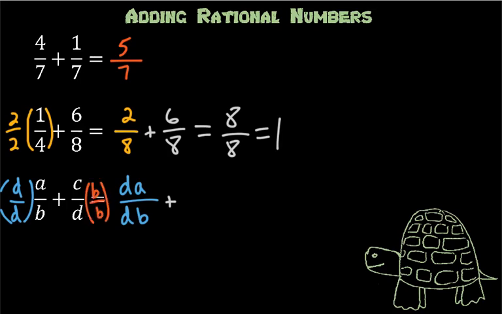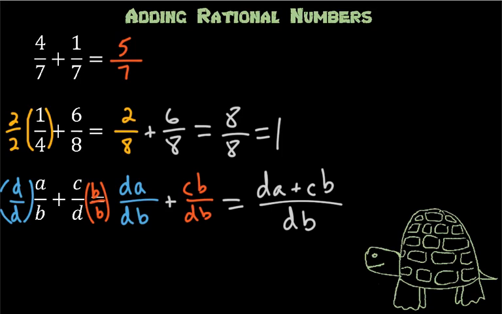So notice that what I did is I took that denominator from this fraction and I made a special form of the number 1 and multiplied that by the other fraction. So we'll get c times b over d times b. Now notice that we have common denominators of db in both fractions. So now we can add them. So we get da plus cb over db. And that's just a way to think about this stuff, but it's nothing you need to memorize.